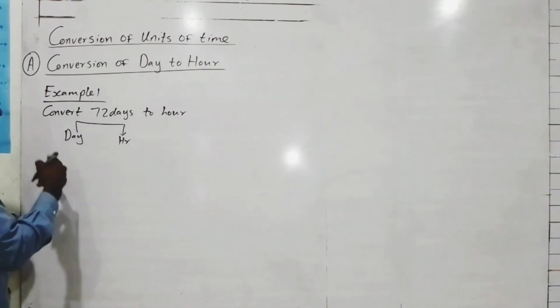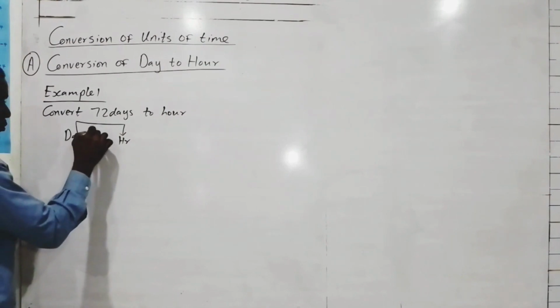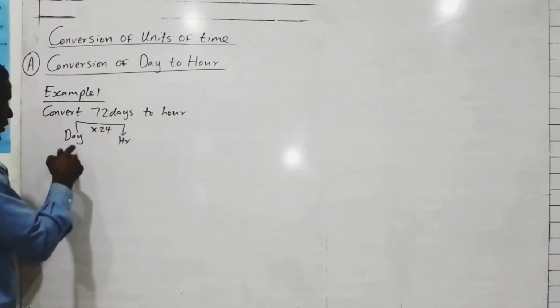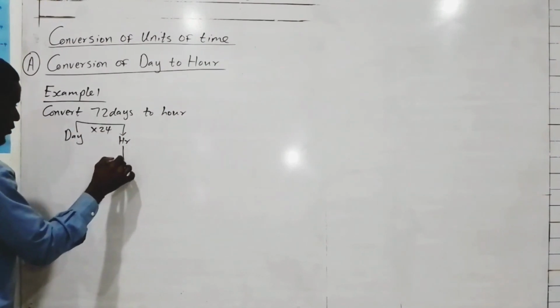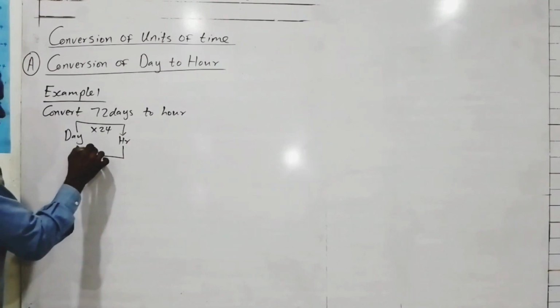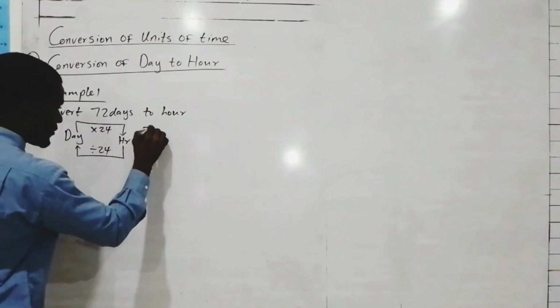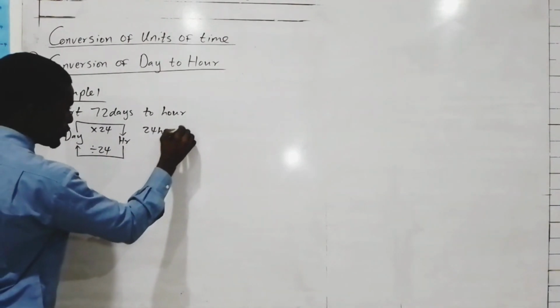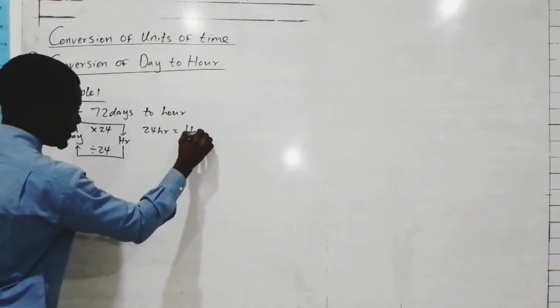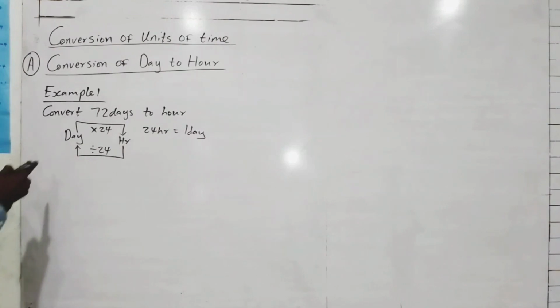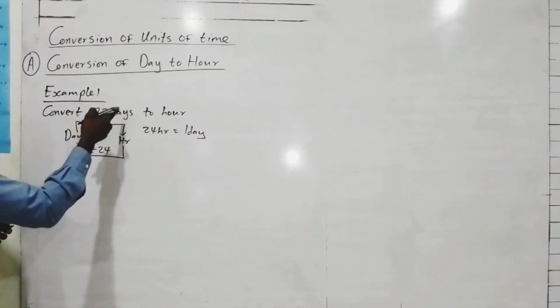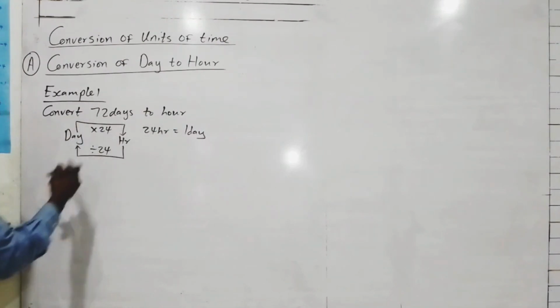How many hours make one day? That is 24, so we multiply. Day to hour, we multiply by 24, and hour to day, we divide by what? By 24. Don't forget, 24 hours equals to what? 1 day.